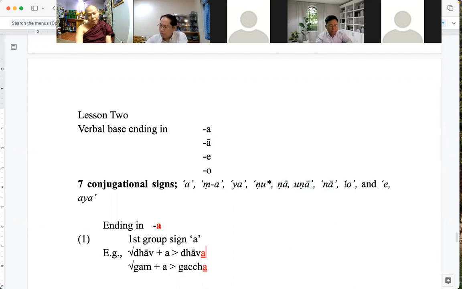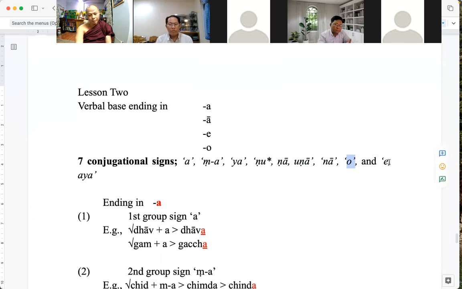And then the sixth sign is O, so that vowel base will be ending in O. This order follows Pali Easy, but traditionally the order of these suffixes is different, so O is first. And the last sign is A or ya.